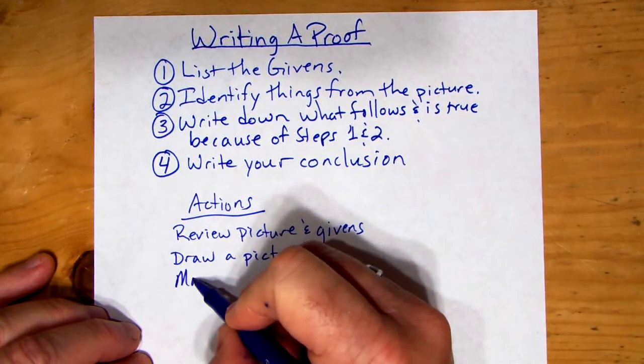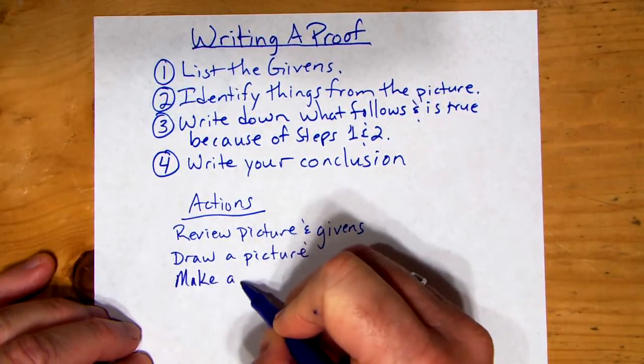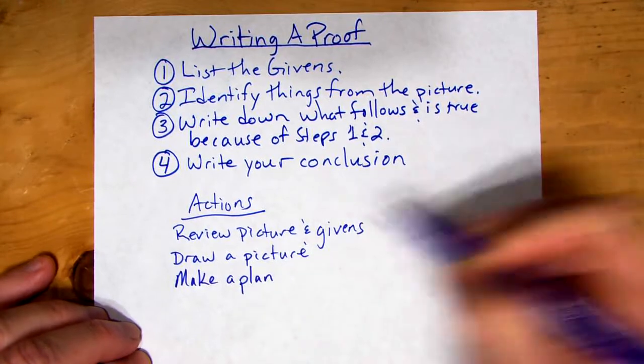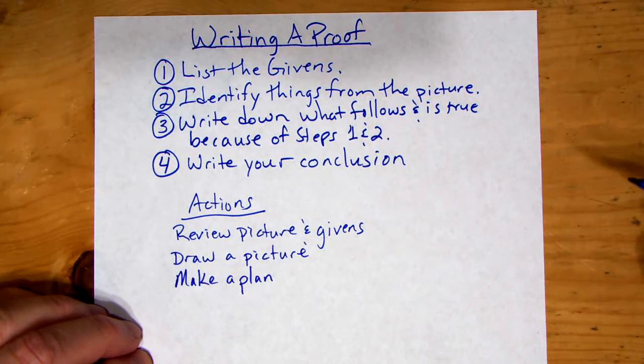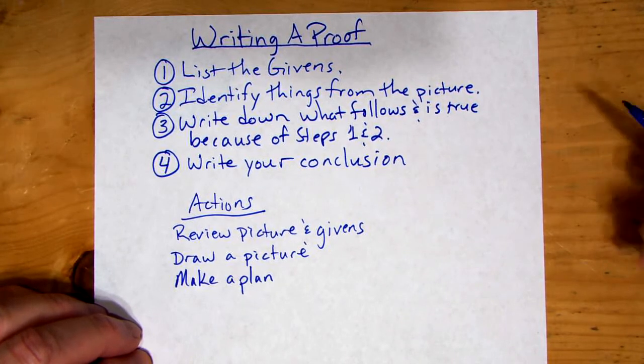And then you really ought to make a plan. It takes somebody who is incredibly skilled at proofwriting and highly knowledgeable about math to just launch into a problem trying to write a proof about something without a plan.